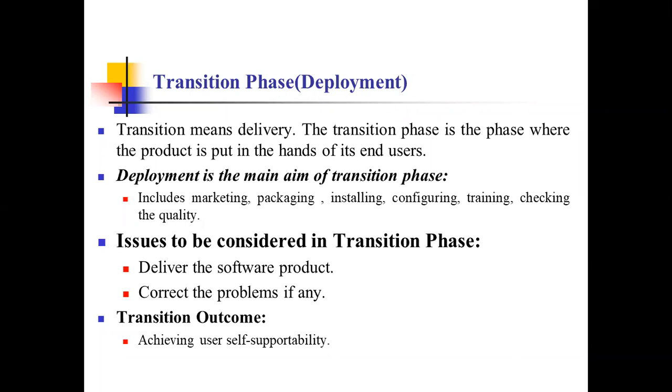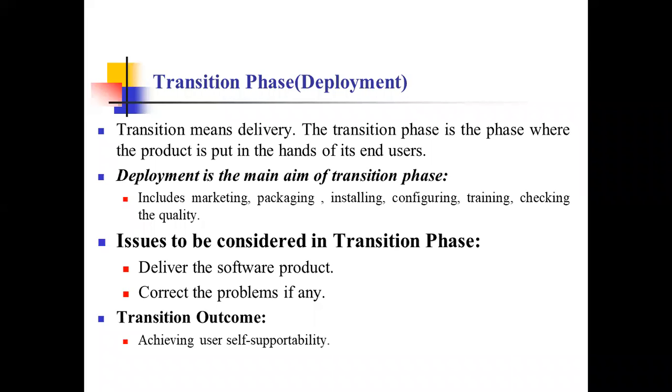That means if any problem is found at deployment, then we have to correct those problems. Then what is the outcome? Achieving user self supportability. After deployment, we will achieve user self supportability or satisfaction of that user. This is all about the transition phase.